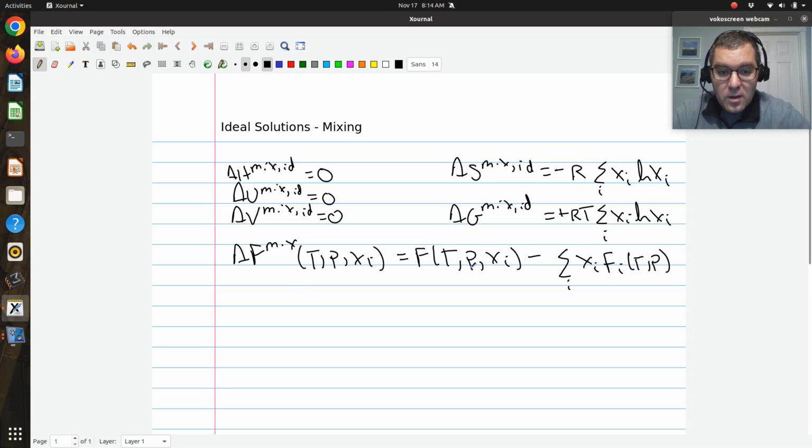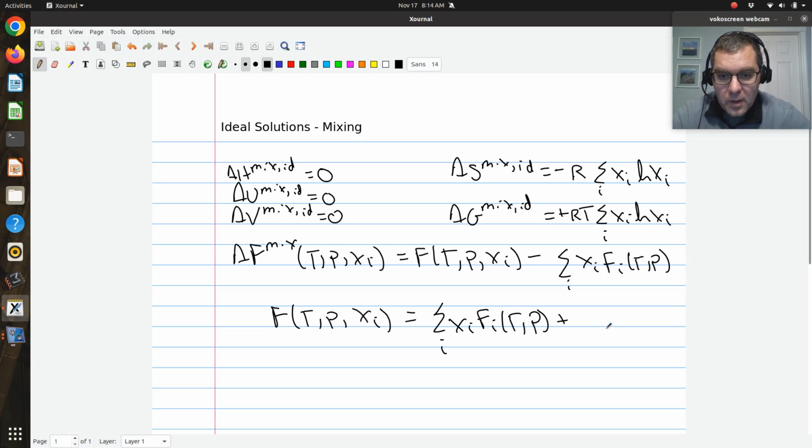So this is my pure component, and this is my final state of interest. How I could use that is, if I wanted to calculate F at a given temperature, pressure, and composition, bring that over: it's equal to the molar average of my pure component F's plus delta F of mixing.